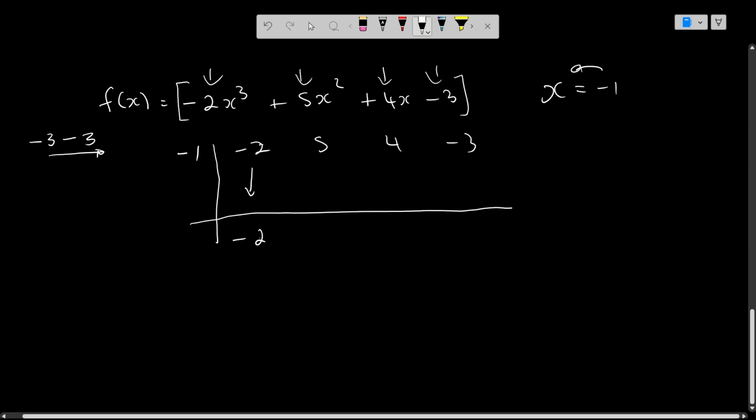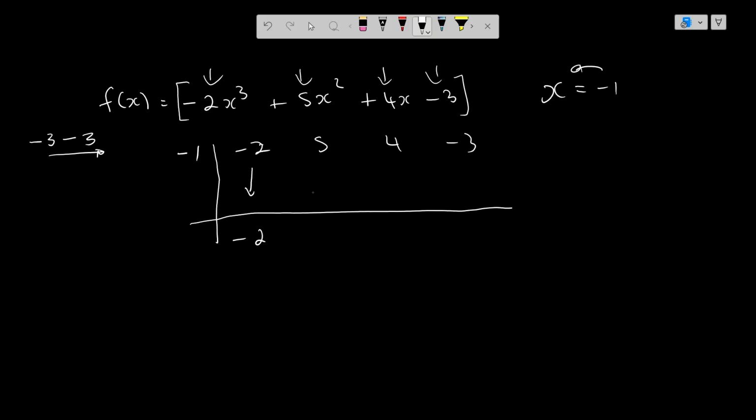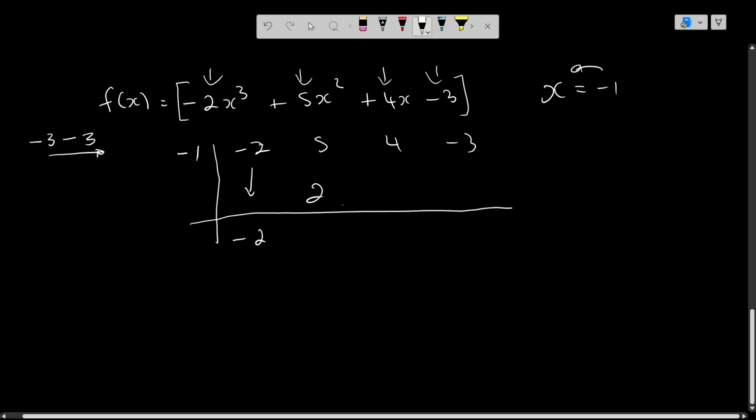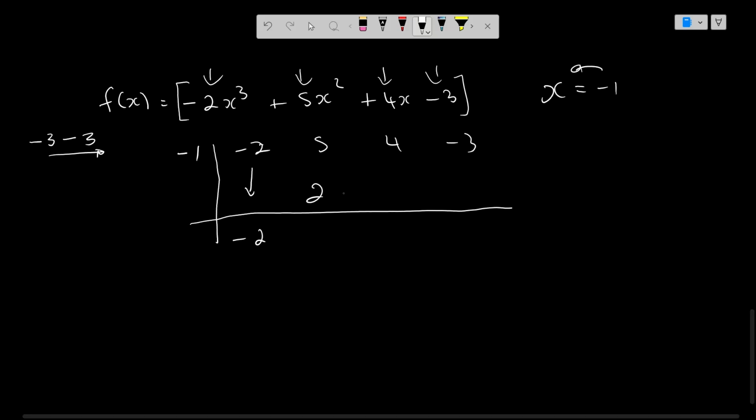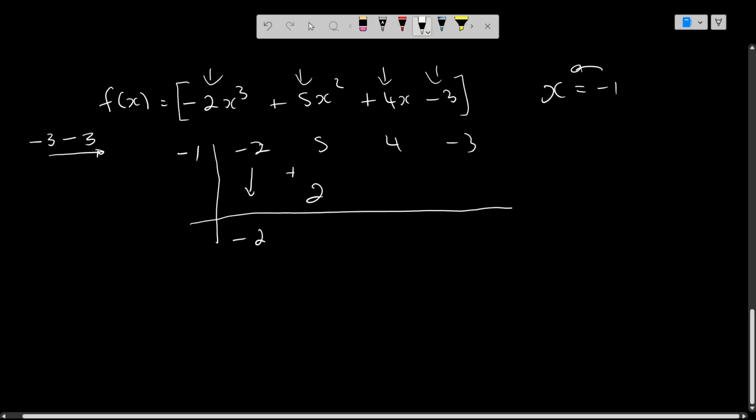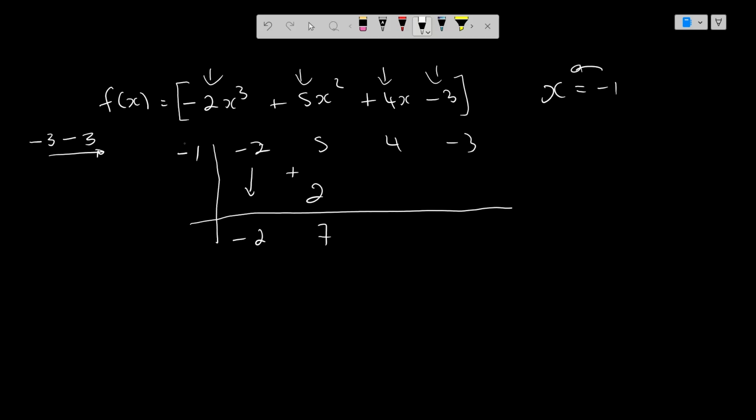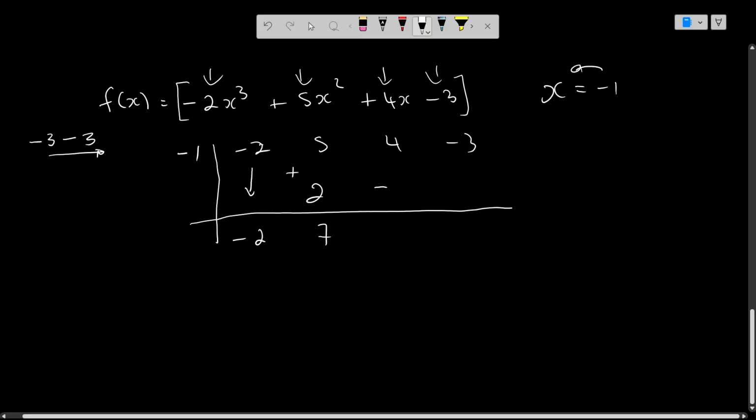Then you drop down the negative 2, and then negative 2 times negative 1, that is 2. Then you add these two, that will give you 7. Then that times that, whatever answer you get there, you multiply it with that, and 7 times negative 1 is negative 7.